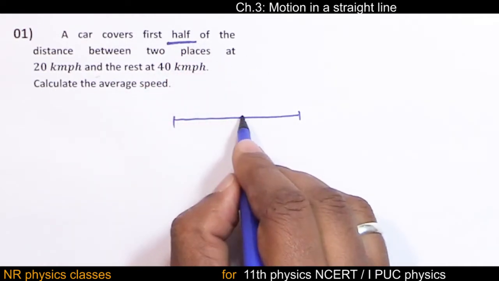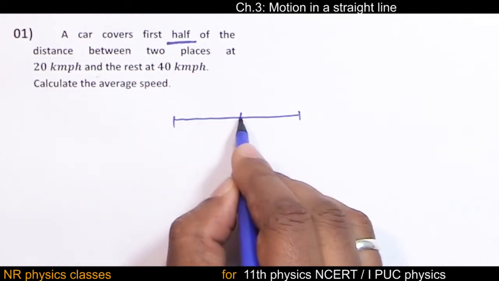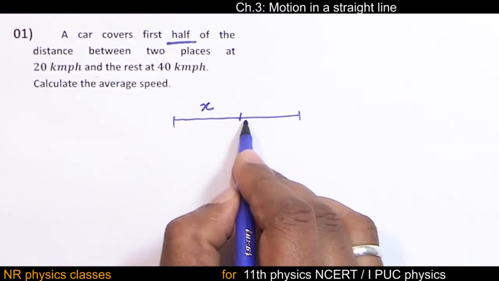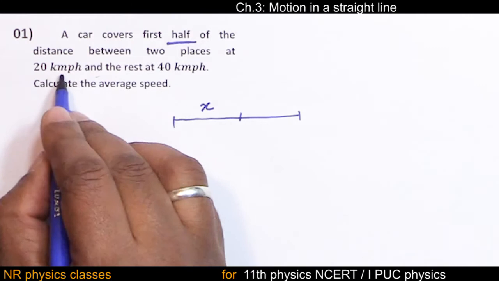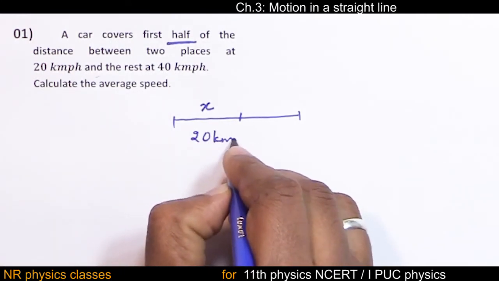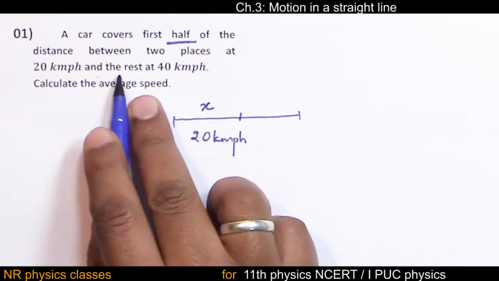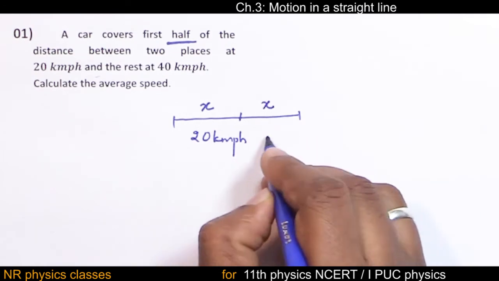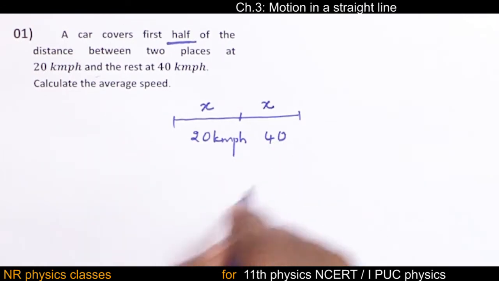Let half of the distance be x, which is unknown. This half is covered at 20 kmph, and the rest at 40. So the remaining distance is also x, covered at 40 km per hour.